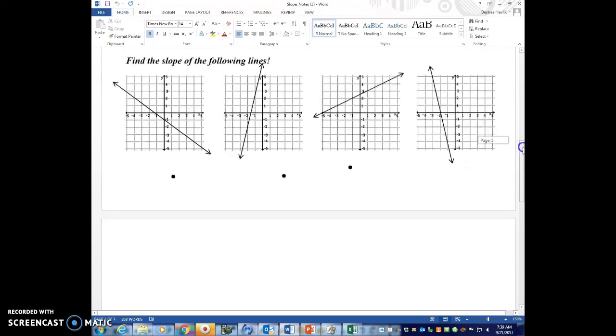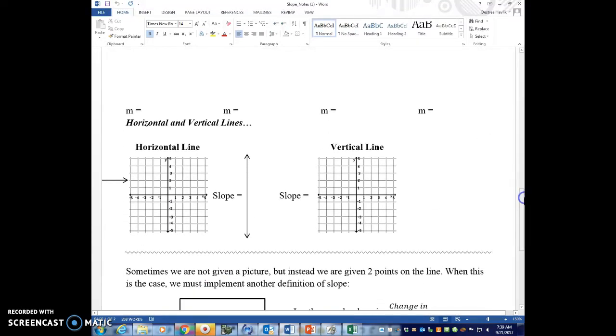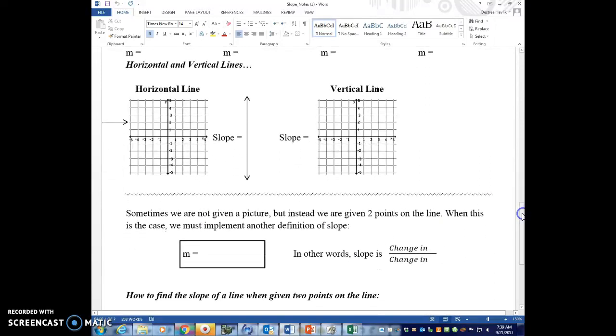So let's go to, see, it messed up in printing. Okay, horizontal and vertical lines. So a horizontal line, let's say that there's a line right here.